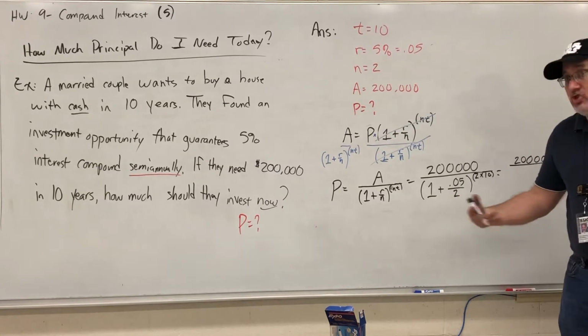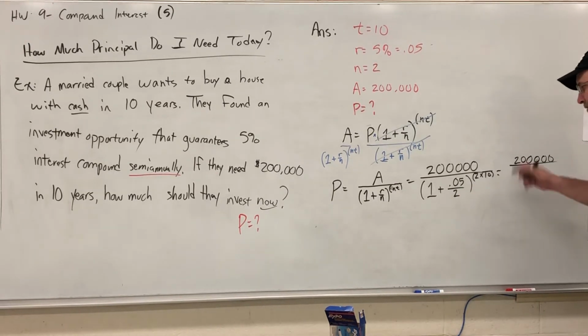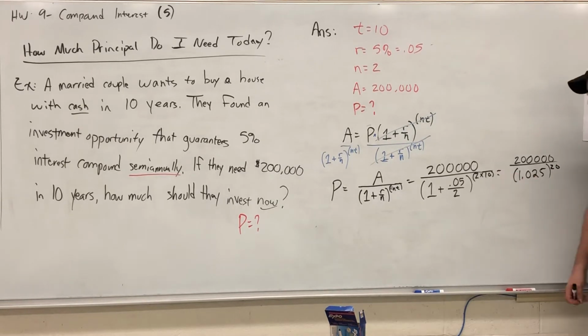Half of 5 is 2.5. So as a decimal, it's 0.025. 1 plus 0.025 is 1.025. Then the exponent is just 2 times 10, which is 20. So if you see an arithmetic problem that you can do without much trouble, feel free to do it. But if you just want to put it all in a calculator, go ahead.